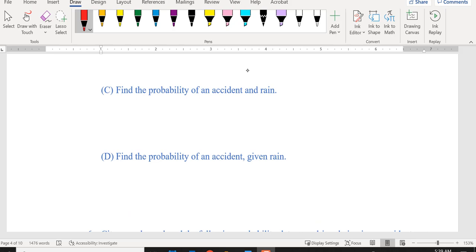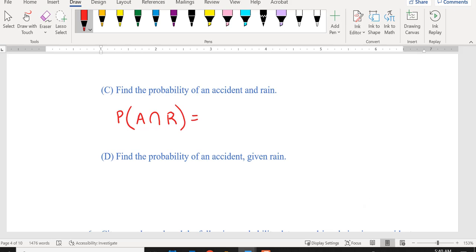Now we want to find the probability of an accident and rain. The probability of an accident and rain. So that's going to be, let's see, this gets really fuzzy with notation.